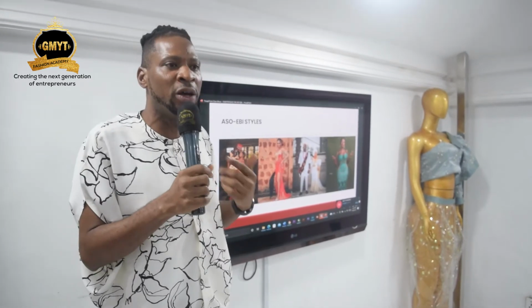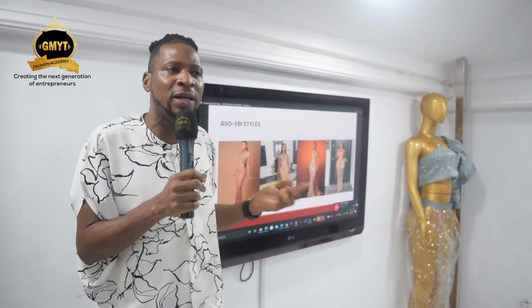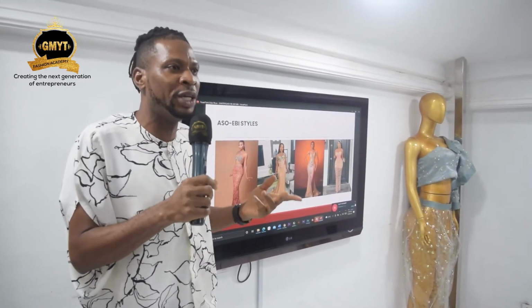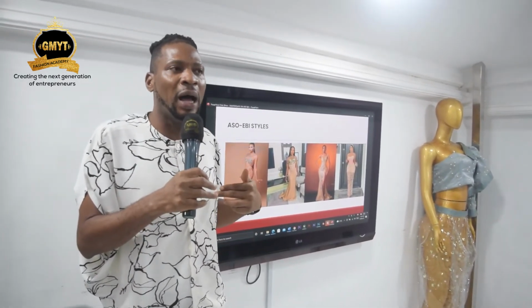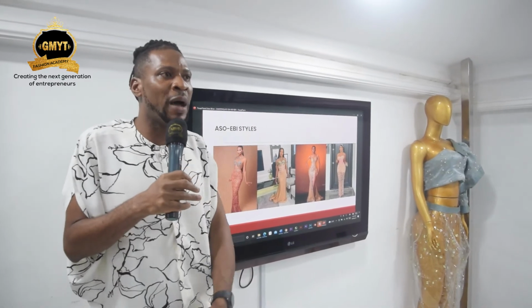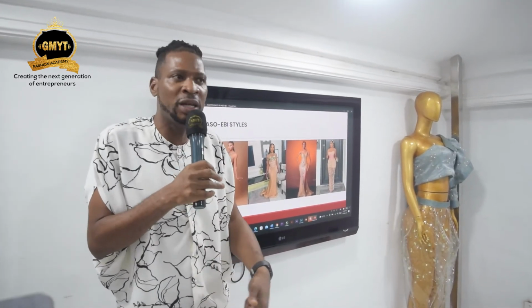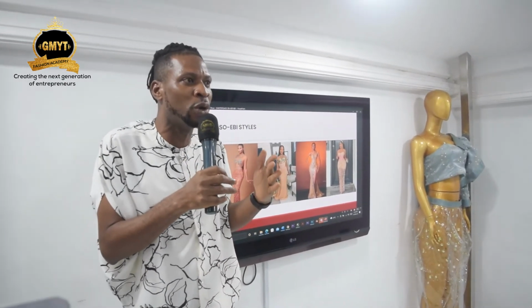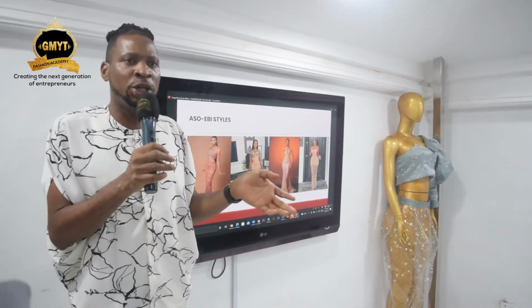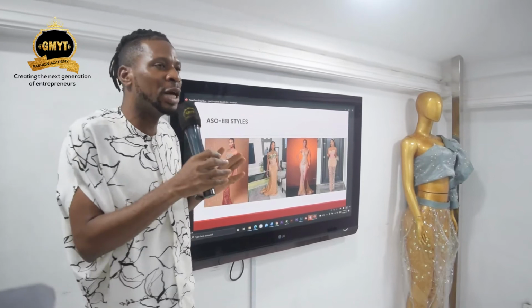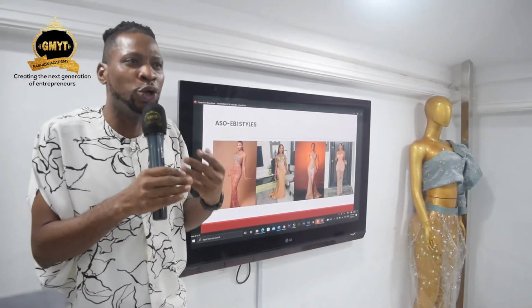The way you handle a velvet is very different from the way you handle organza. The way you play with mesh, or the way you handle the details on a corseted, ruched Aso Ebi dress with probably slitted or sexy lines, is different from the way you handle the one that is meant for just a royal occasion. So each design that you come across will tell on your level of skill.